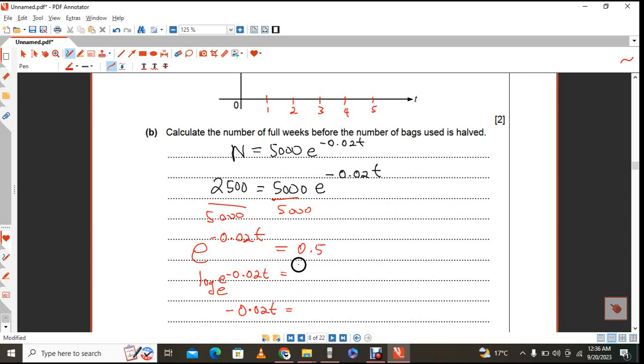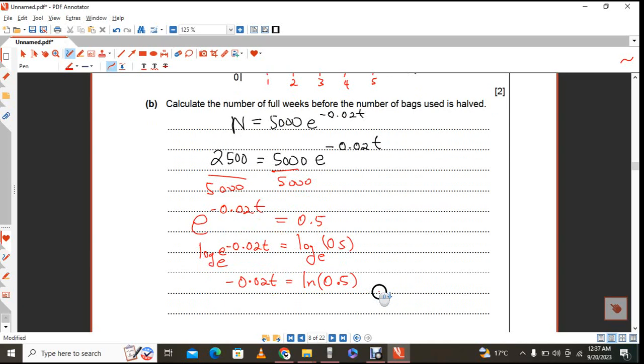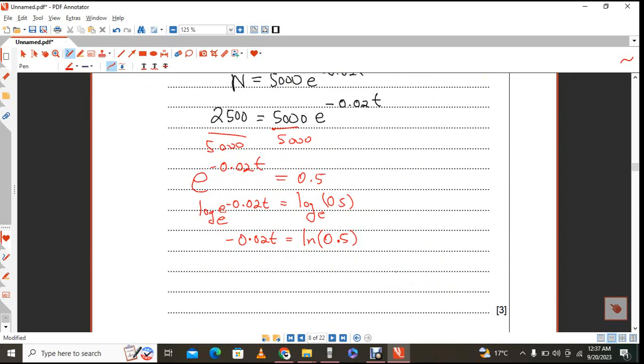I'm not going to write log base e of 0.5, but that is nothing but the natural log of 0.5. Whatever that answer is, t would be calculated by the natural log of 0.5 divided by negative 0.02.